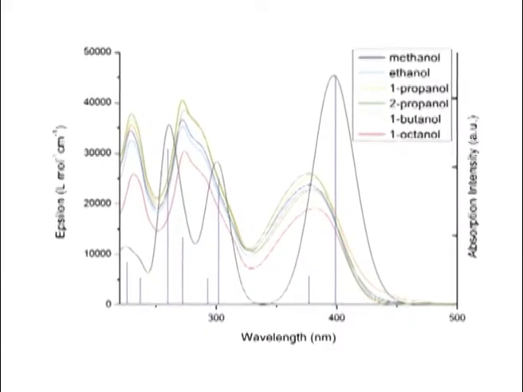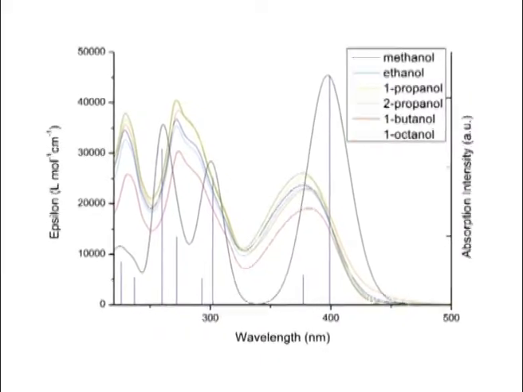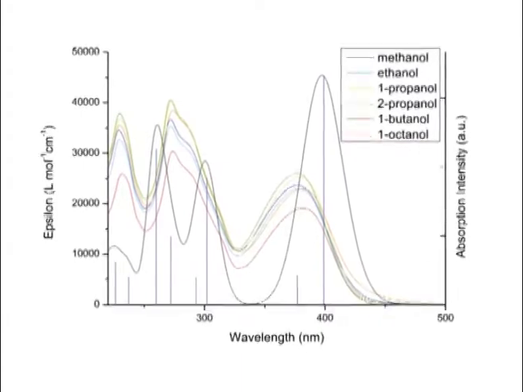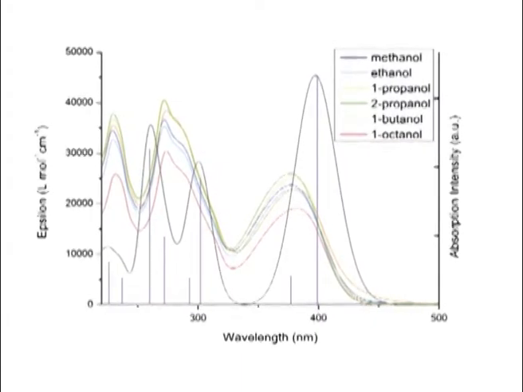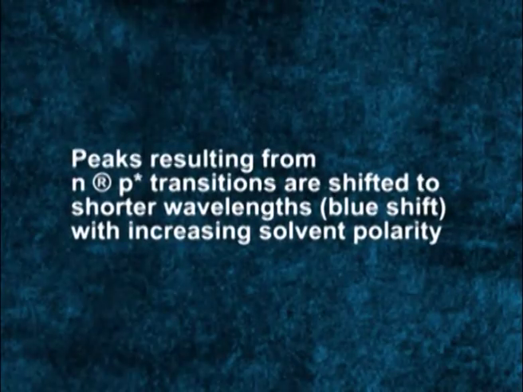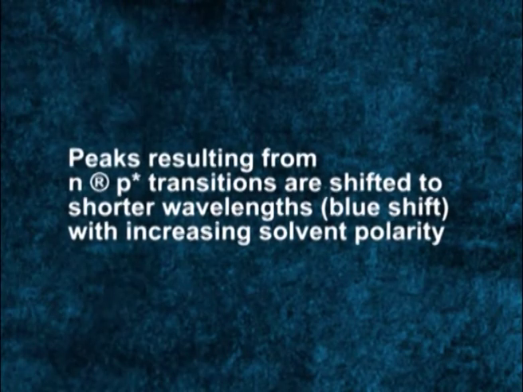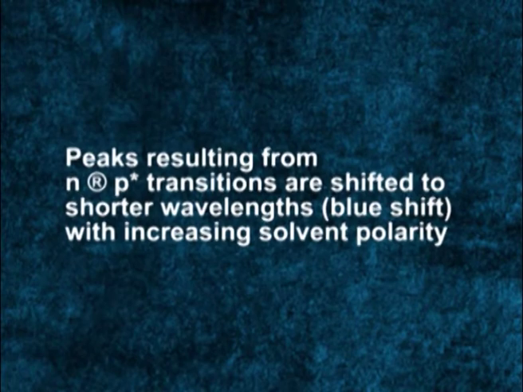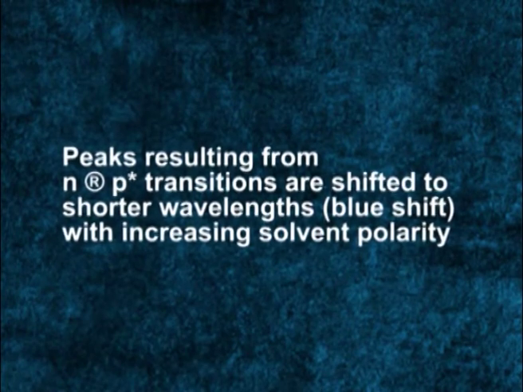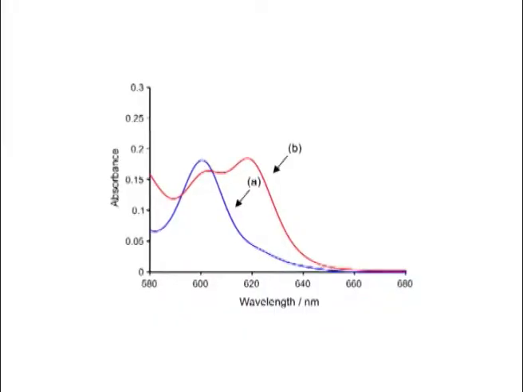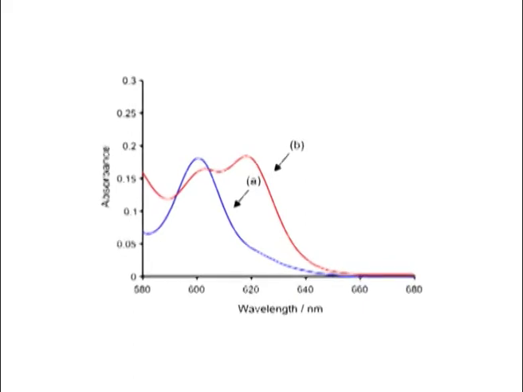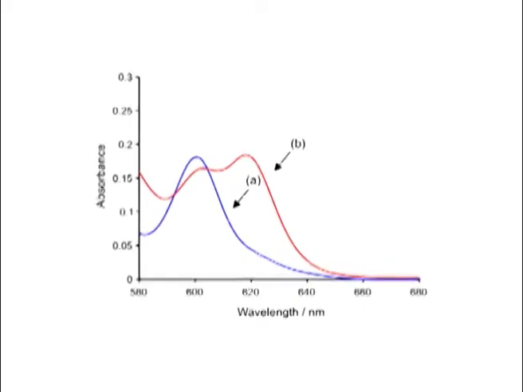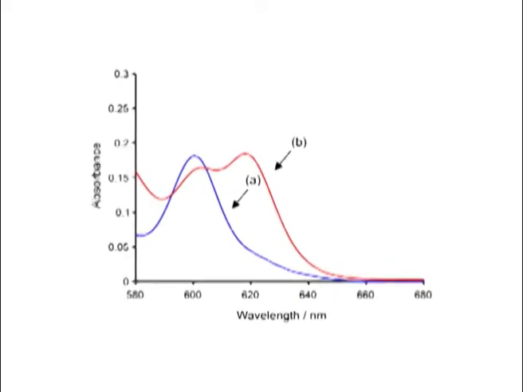The solvent in which the absorbing species is dissolved also has an effect on the spectrum of the species. Peaks resulting from n to pi star transitions are shifted to shorter wavelength, that is blue shift, with increasing solvent polarity. This arises from increased solvation of the lone pair, which lowers the energy of the n orbital.